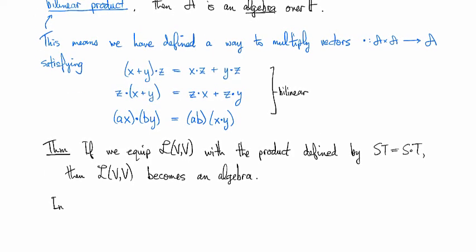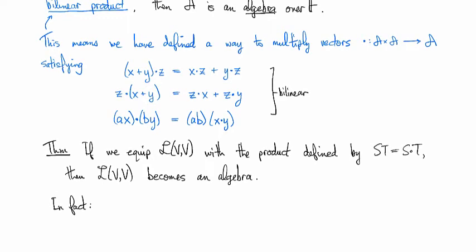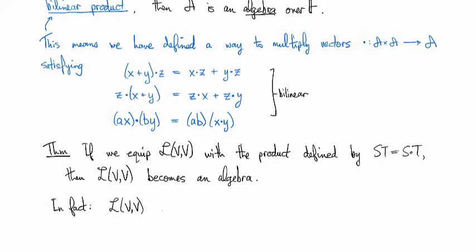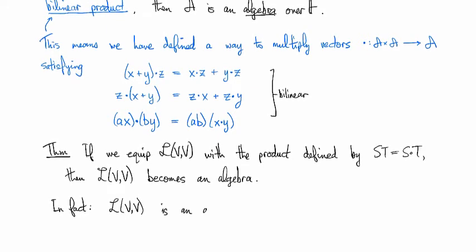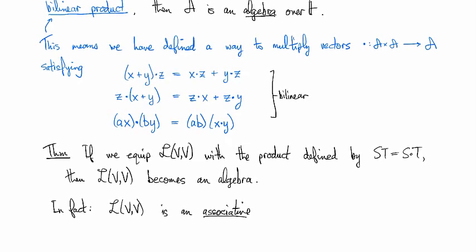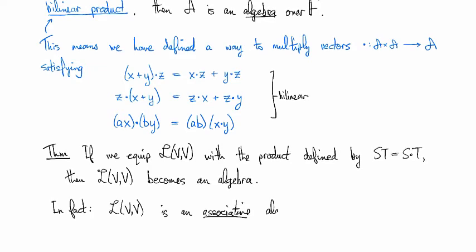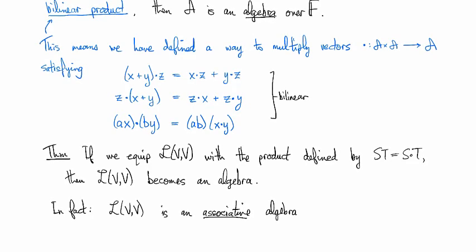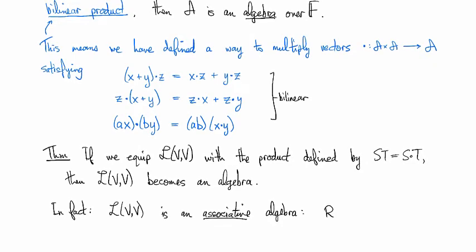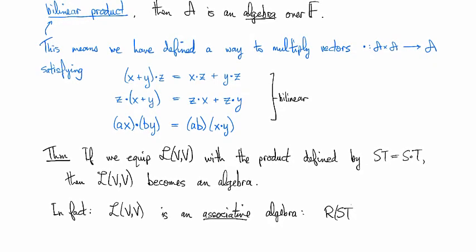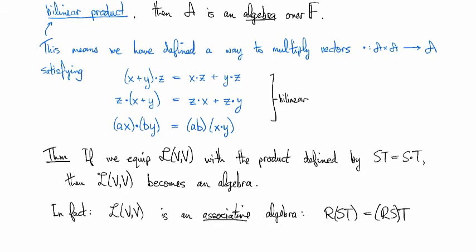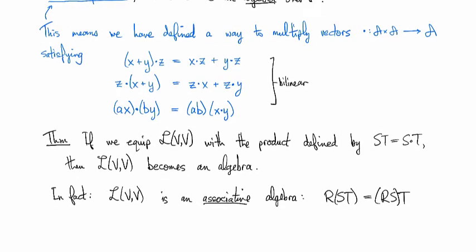And in fact, it turns out to be a special algebra. It's an associative algebra. So not everything fitting the definition of algebra has to satisfy this, but composition does. You can move the parentheses around in a product. That's the associative property.